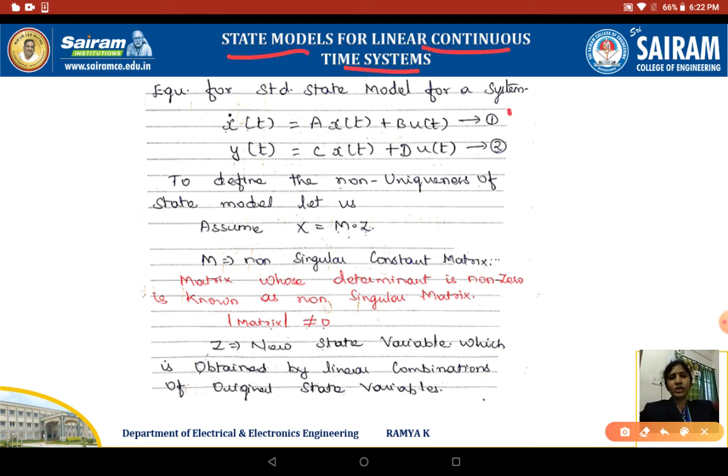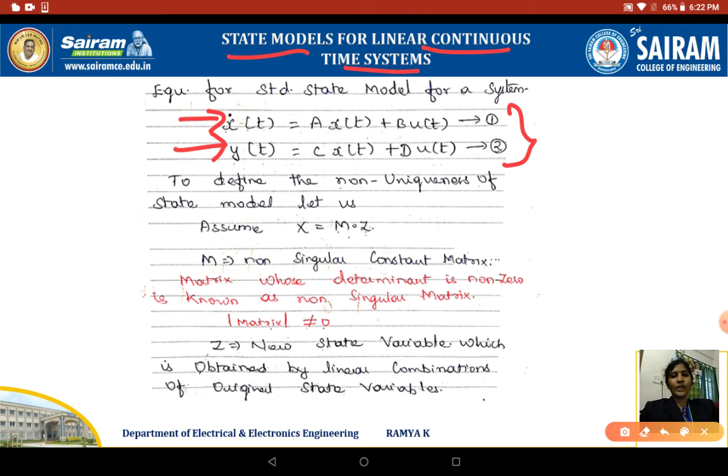This is your ordinary state equation and output equation. The first equation represents the state equation, that is x dot of t is equal to Ax of t plus Bu of t. The second equation is your output equation, that is y of t is equal to Cx of t plus Du of t.